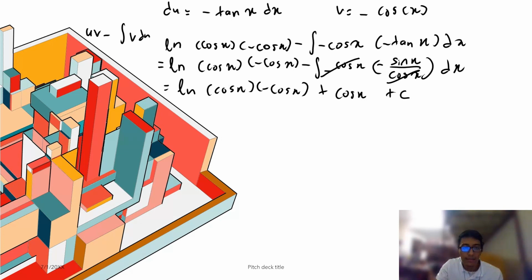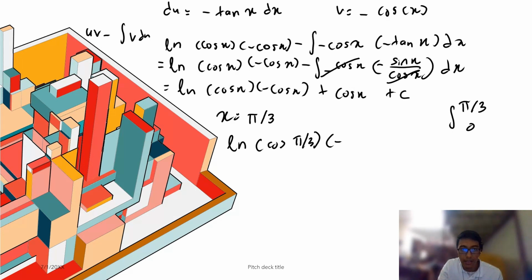Then since our first question we have pi over 3 and 0, so just change this x equal to pi over 3. So from the equation, ln cos pi over 3, negative cos pi over 3 plus cos pi over 3 plus c.